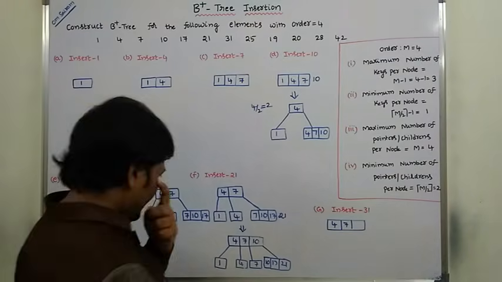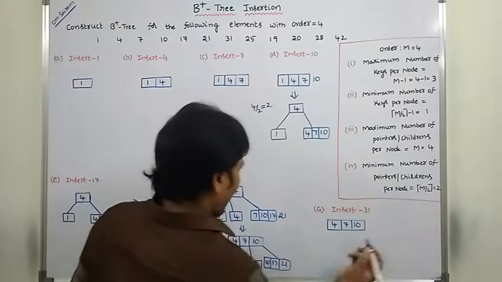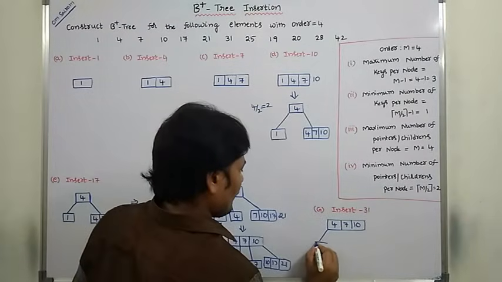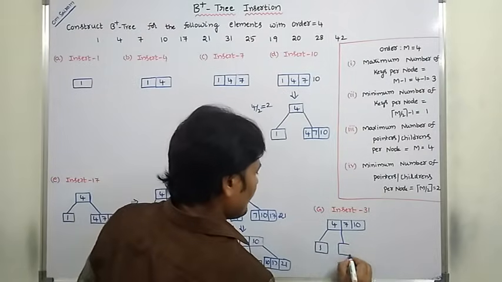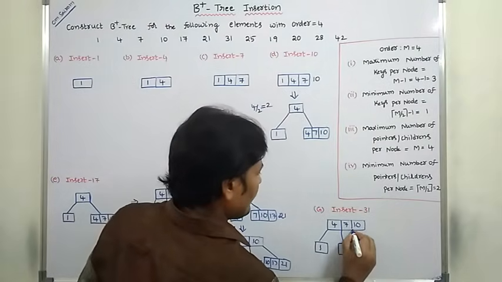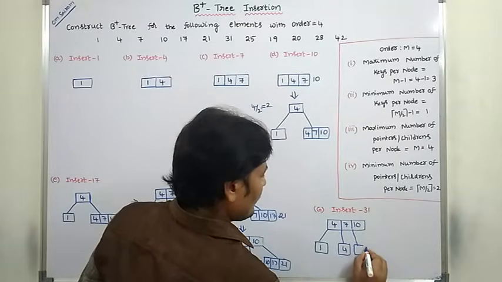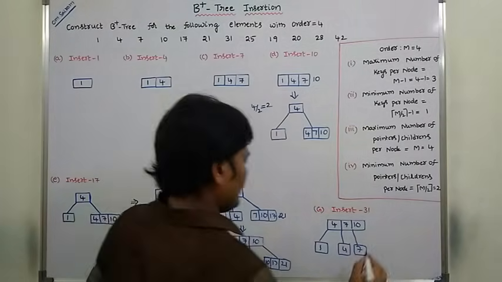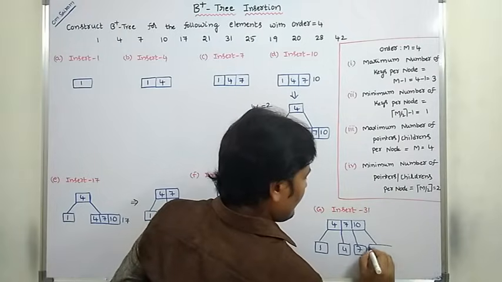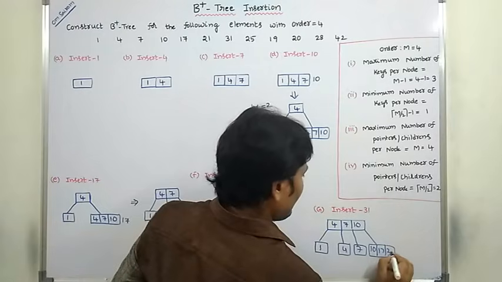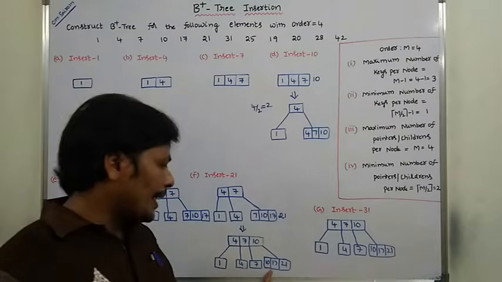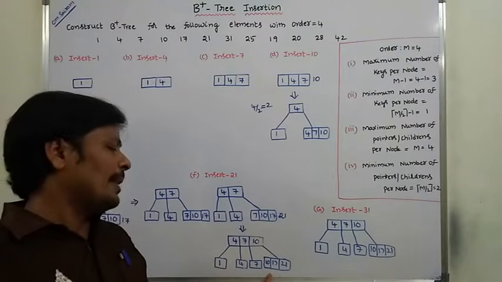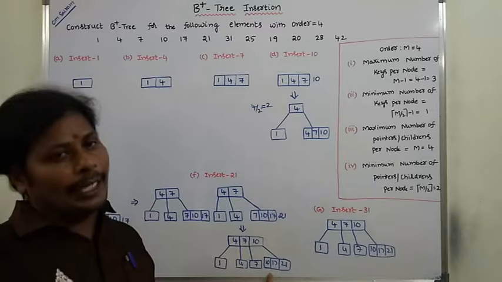The existing tree has 4, 7, 10, and 1, 4, 7, 10, 17, 21. 10 is also located in this node because every element is always stored at the leaf nodes.